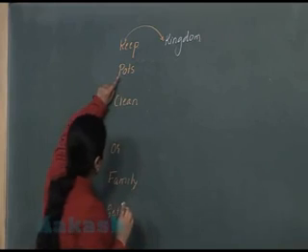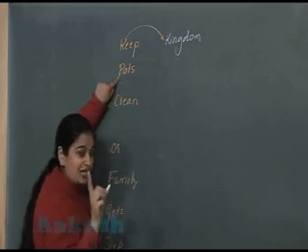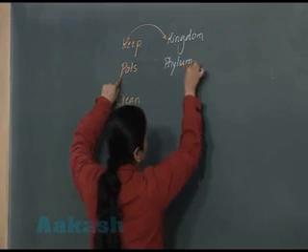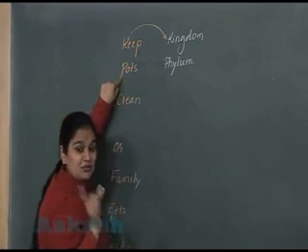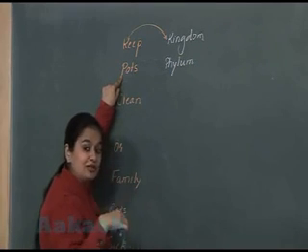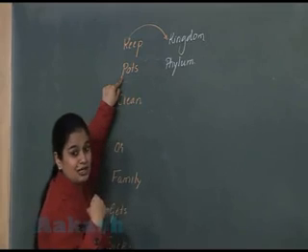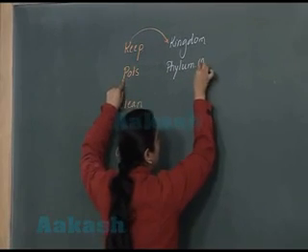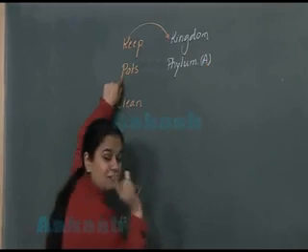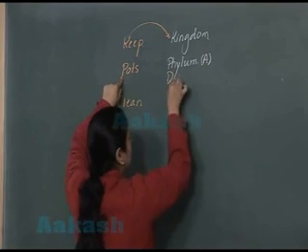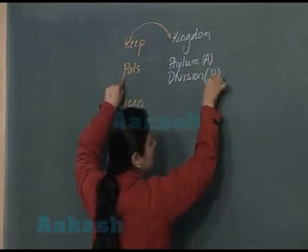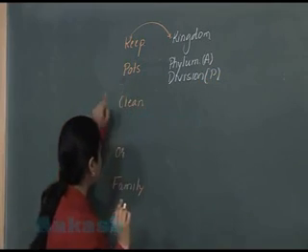The second one, starting from P, is phylum. Phylum is utilized for animals, and for plants the category utilized is division. So phylum is for animals, write A in the bracket for animal. Division is for plant, write P for plant.